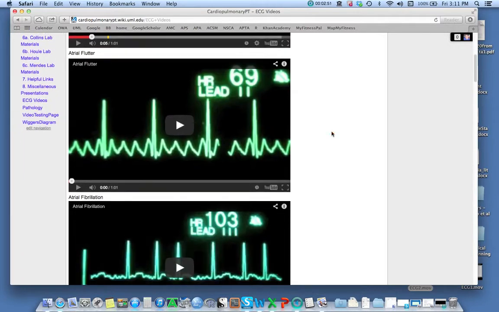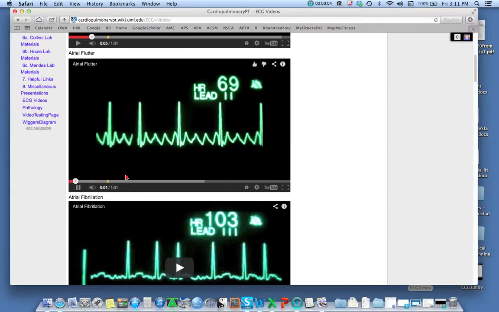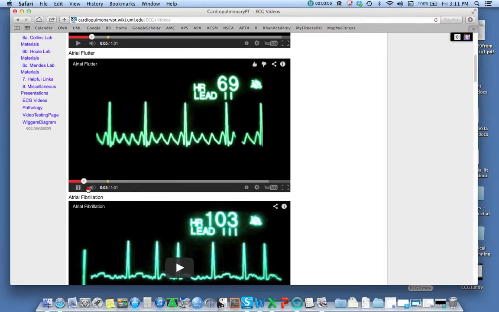If the preatrial contractions progress to a nonstop ectopic focus, then there isn't enough time for the AV node to respond to every single one of those ectopic foci, and that's when you get atrial flutter. Here we're seeing atrial flutter, with nonstop ectopic foci leading to this classic sawtooth or shark tooth pattern.